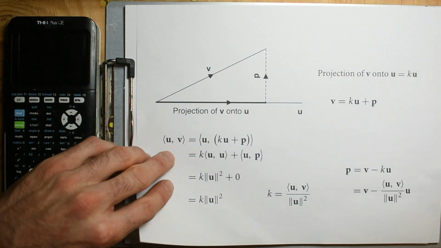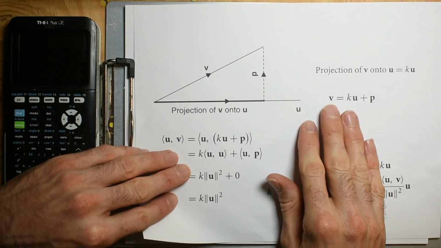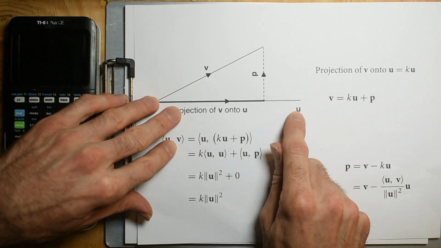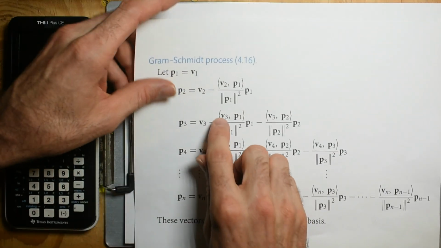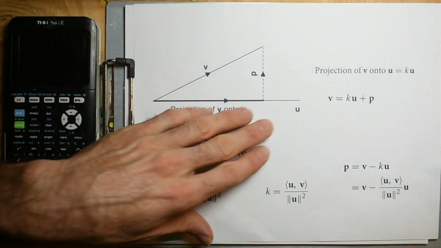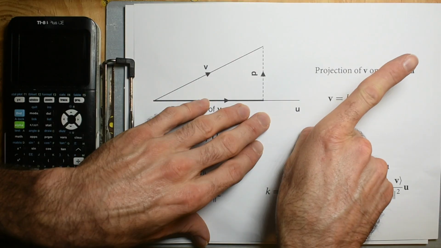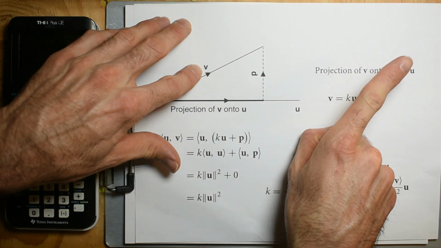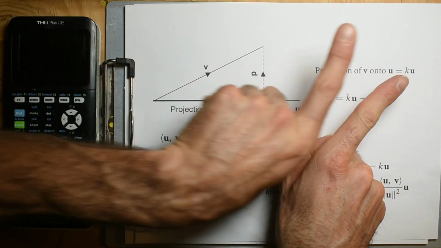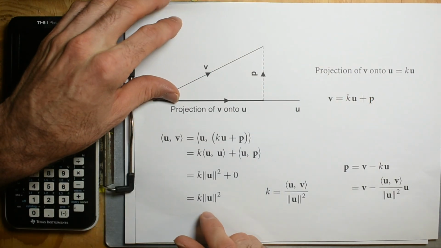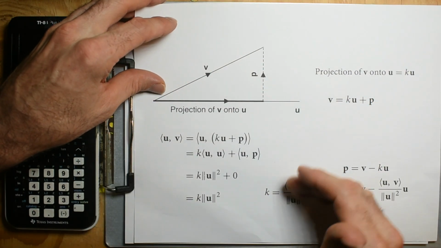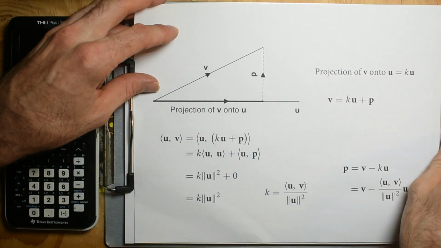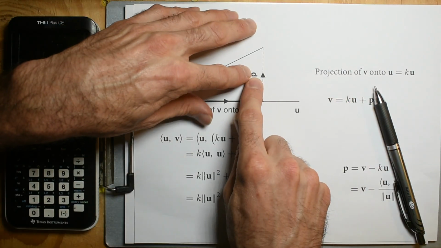What they're going to do is they're going to start the process with U, and this is going to be your first V1. They're going to say U is your first vector, and then V is actually your second vector. This process is actually to get this P, which is actually P2.